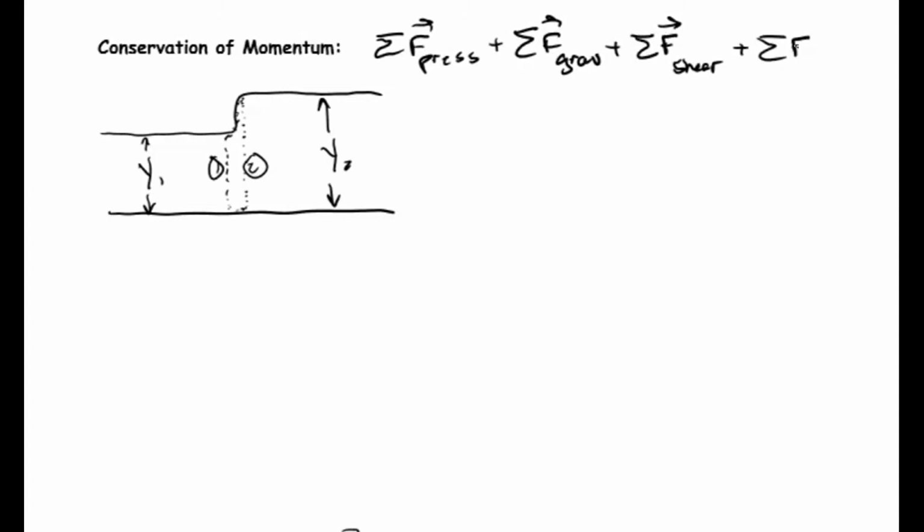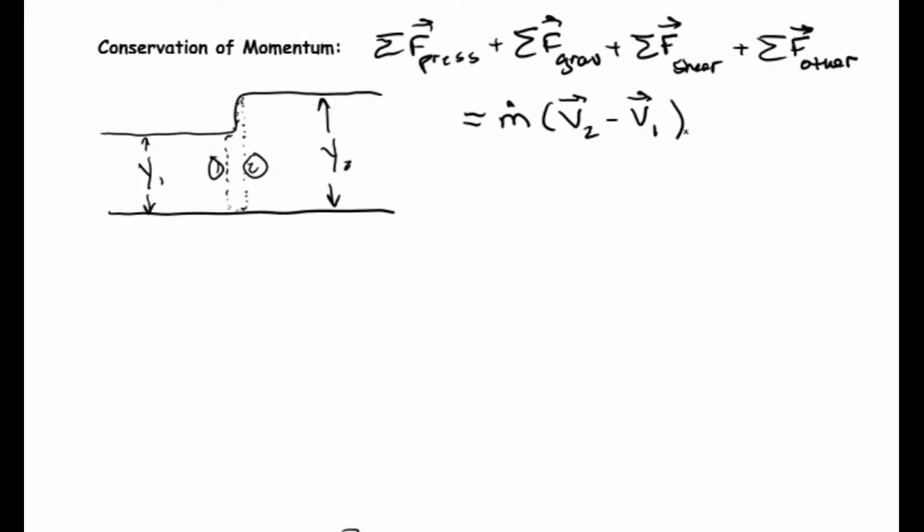So sum the forces due to pressure plus sum of the forces due to gravity plus sum of the forces due to shear plus sum of the forces due to other things, cutting through solids, is going to equal, we only have one inlet and one exit here, and m dot is the same, so m dot (v2 minus v1). All right.